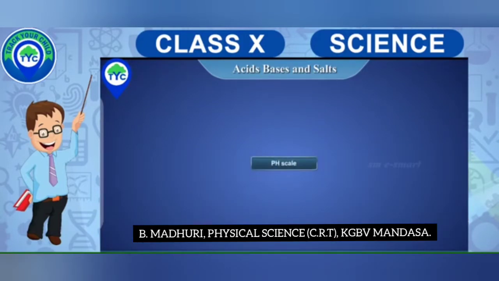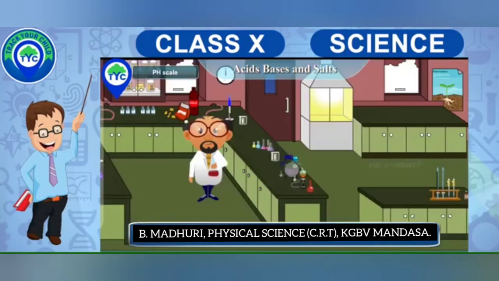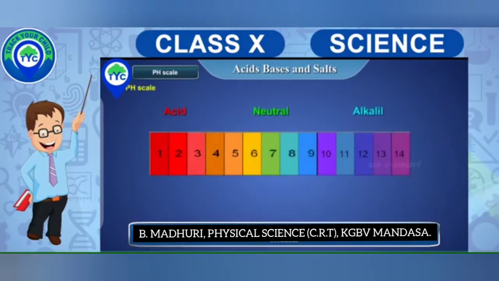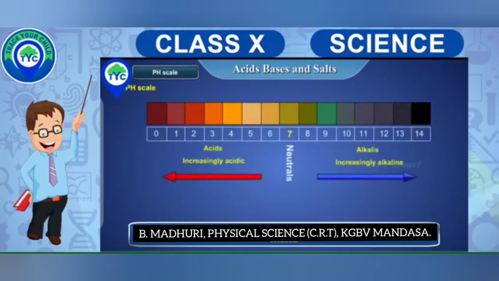pH scale. A scale for measuring hydrogen ion concentration in a solution is called the pH scale. The pH value of a solution is simply a number which indicates the acidic or basic nature of the solution. The pH of neutral solutions is 7. Values less than 7 on the pH scale represent an acidic solution.